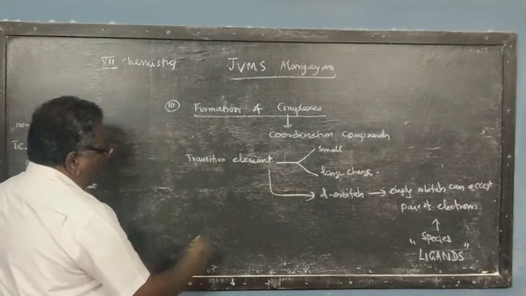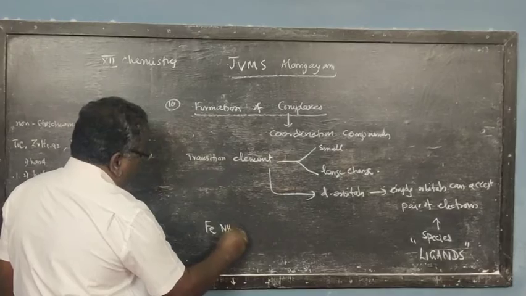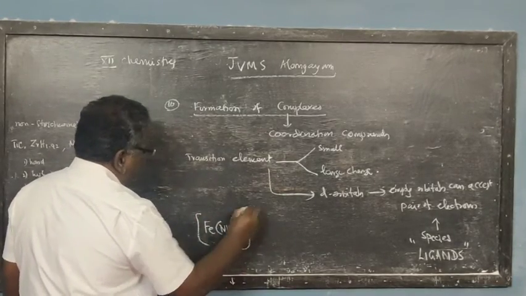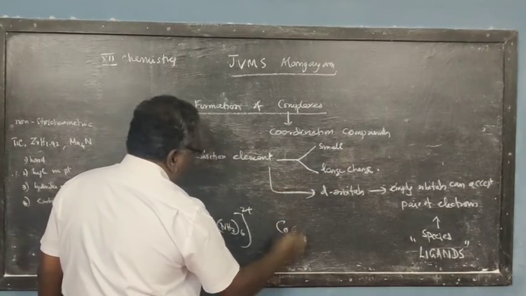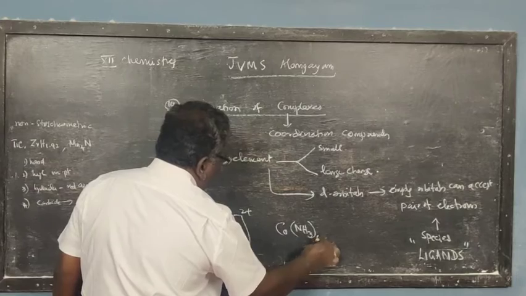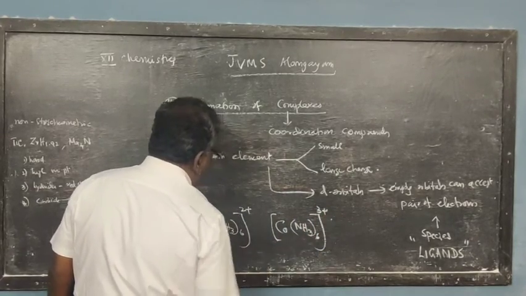For example, we have iron with NH3 6 times, 2 plus, and we have cobalt, NH3 6 times, 3 plus, right?